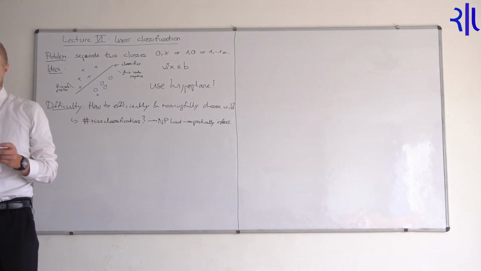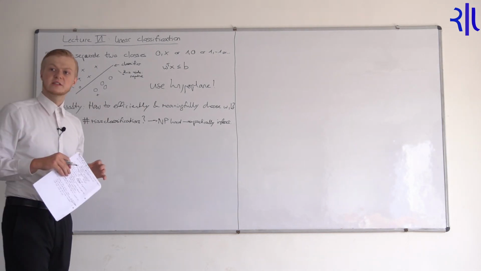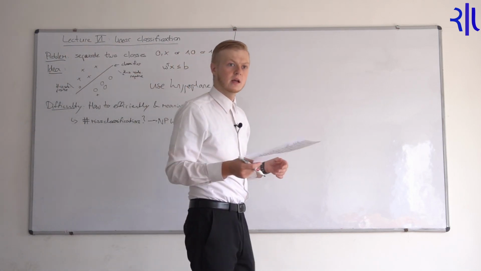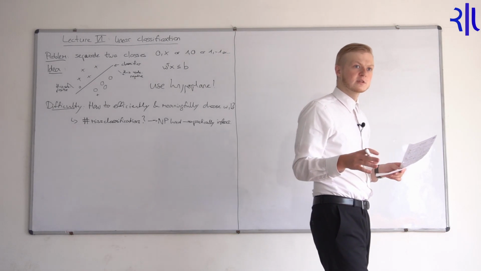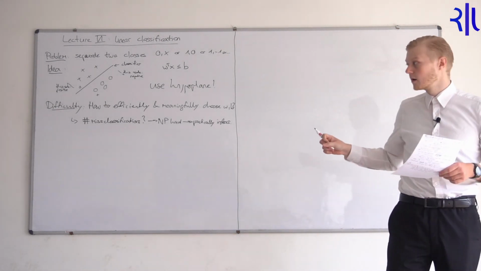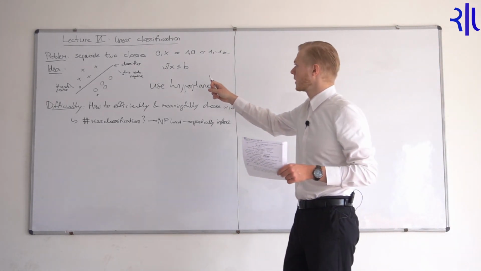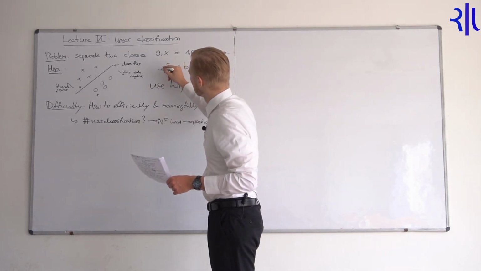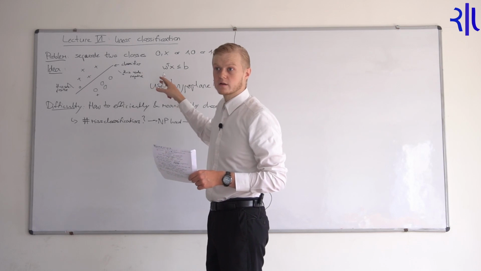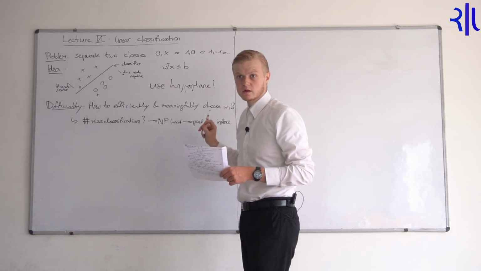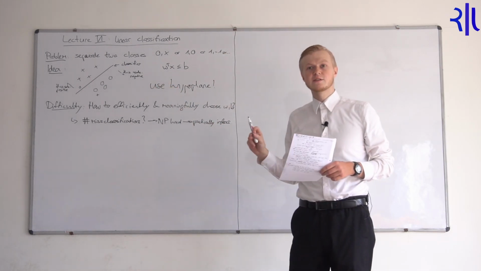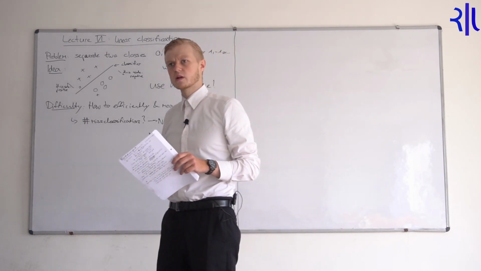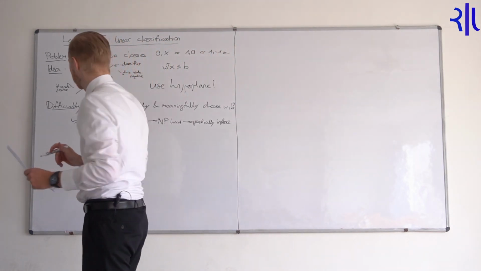Also, if we want to have a probabilistic interpretation, we're facing the problem that if we just look at the hyperplane here, we can see that what we get are real numbers. However, the probability is in the range 0 to 1, so we have to somehow translate the linear expression into a probability.